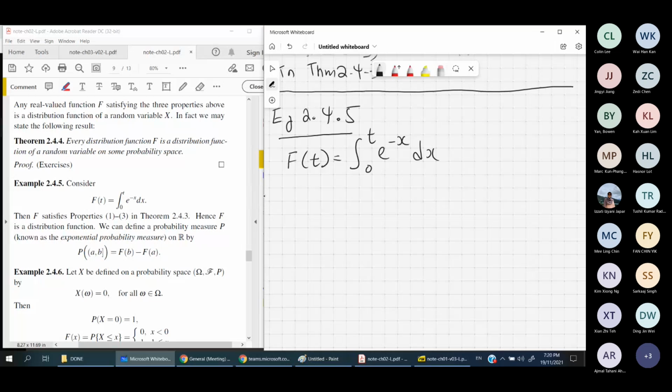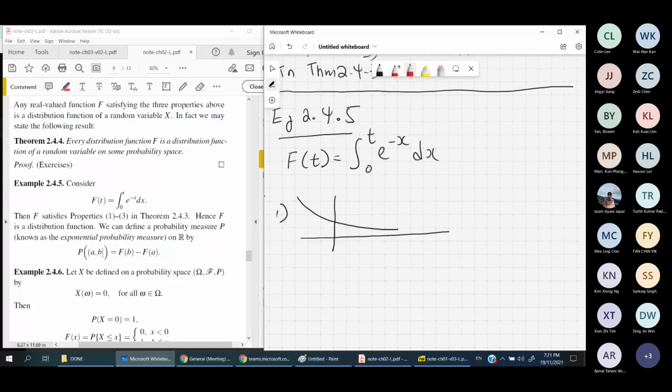This is an integration, and this is positive. So then you can look at the graph. This is a graph, and this is a positive function, right? And this is always positive.